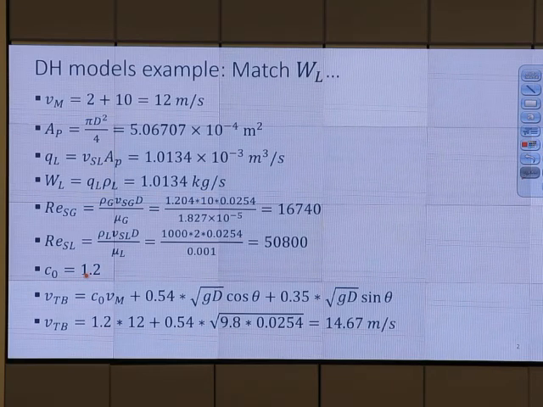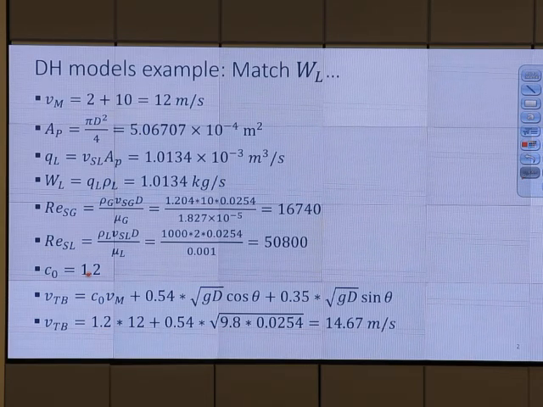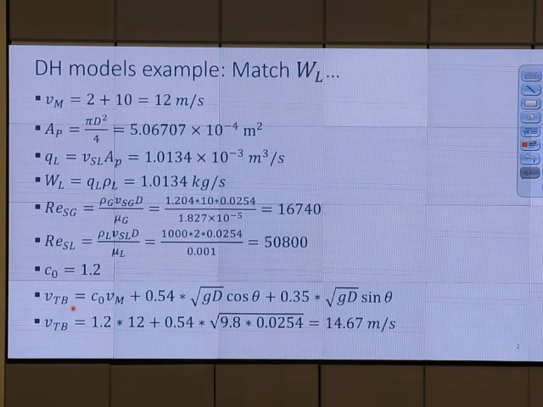Now we have VTB. The equation that you have in your derivation is like 1 plus C0 multiplied by Vs, right? This time I didn't use that, because it's not correct. I used the correct one. The correct one is this equation, VTB equal to C0.